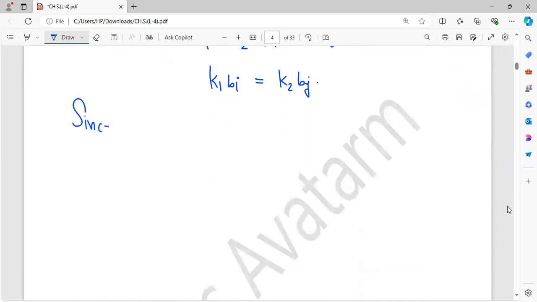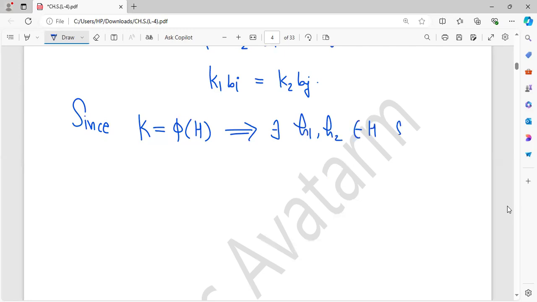Since K is equal to phi H, there exist H1, H2 belonging to H such that K1 is equal to phi H1 and K2 is equal to phi H2.